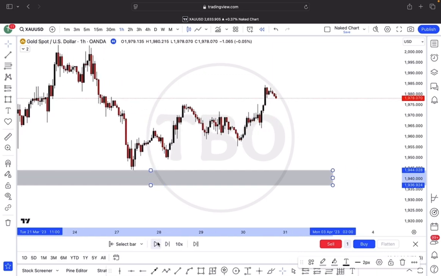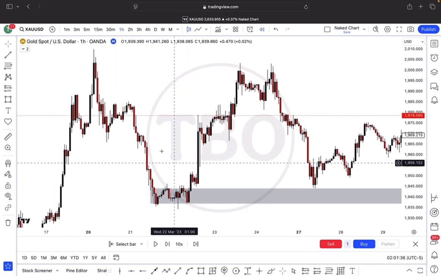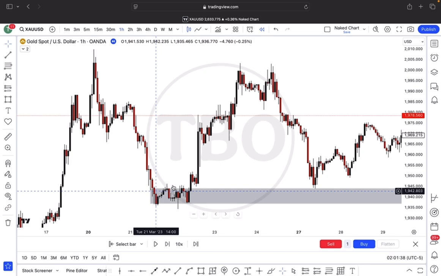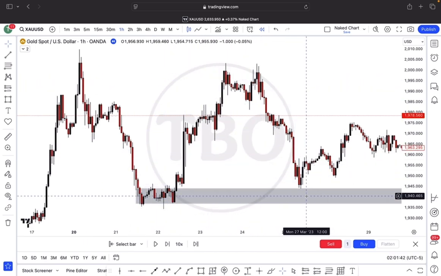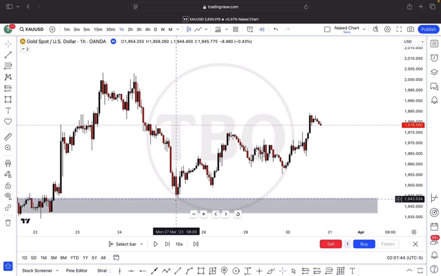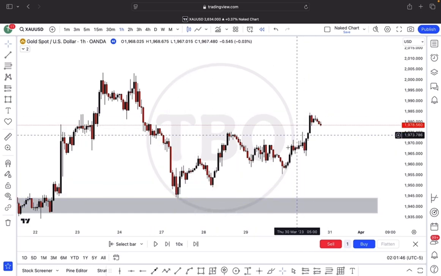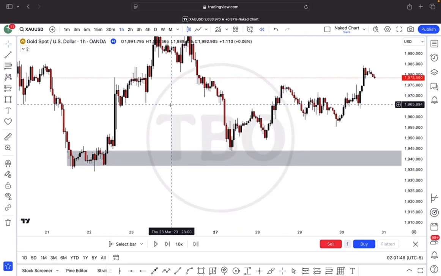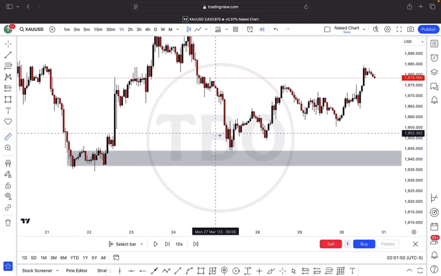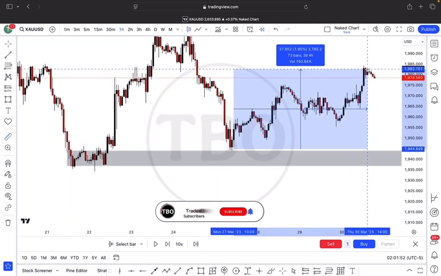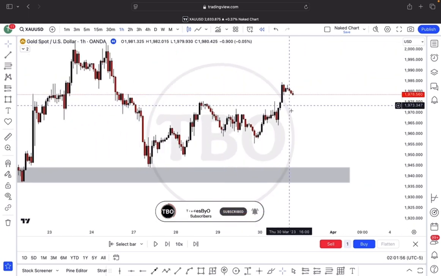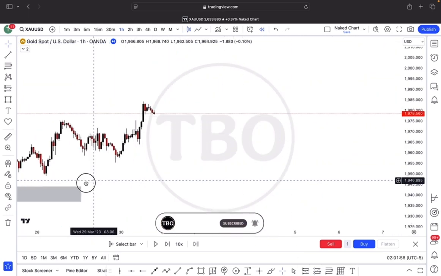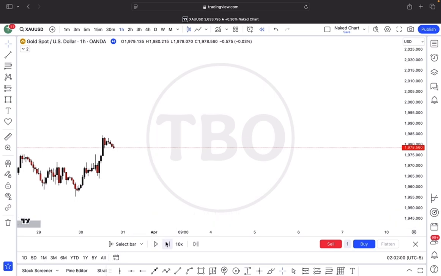So yeah, guys, as you can see, drop, base, rally, retracement, get your entry, and then enjoy the pips. So that move was over 380 pips.